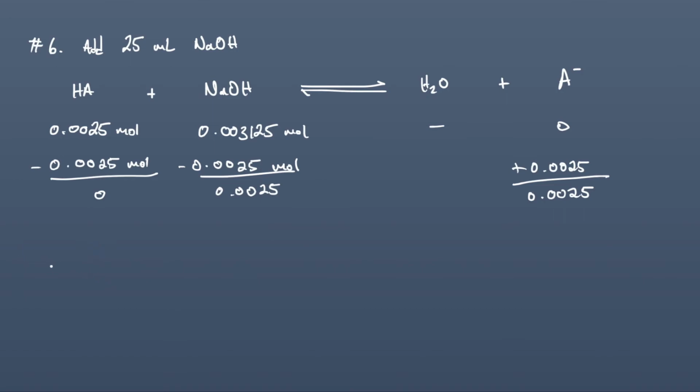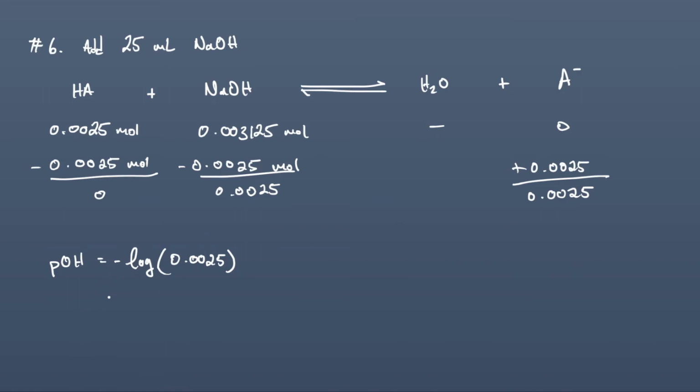So what we can do now is say that the pOH is equal to the negative log of its concentration, because we have this in solution now, and this is just going to keep on getting bigger and bigger if we keep adding more sodium hydroxide at this point. So we can use this to calculate the rest of what we need. So 2.5.